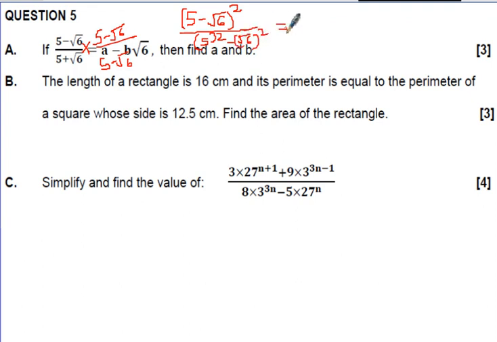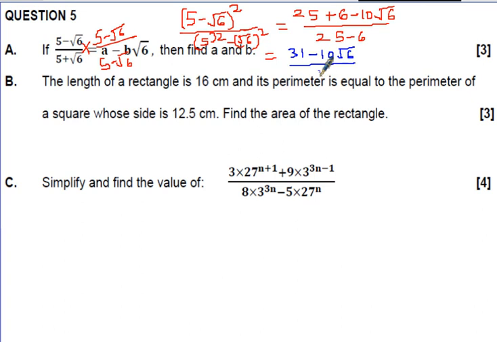Now when you open this bracket, you will be getting 25 plus 6 minus 10 root 6. Okay, a square plus b square minus 2ab, and 25 minus 6. So your final answer comes 31 minus 10 root 6. See, be careful.